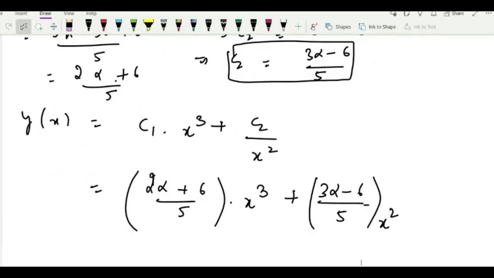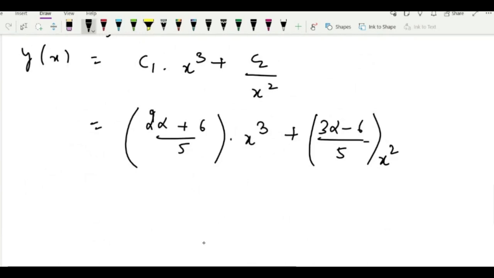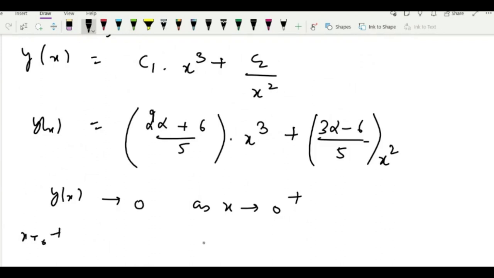The important part is here, they have given us y(x) tends to 0 as x tends to 0 positive. So from here we can see when we put x tending to 0, this part will become 0, but this part becomes infinite. If x square is 0, 1 upon 0 is infinite.